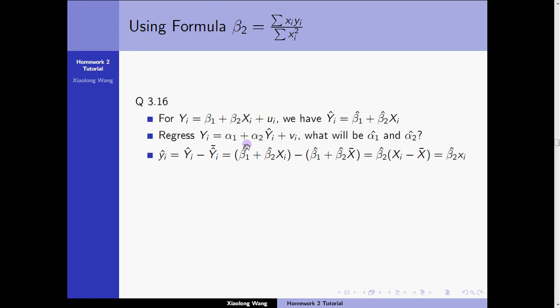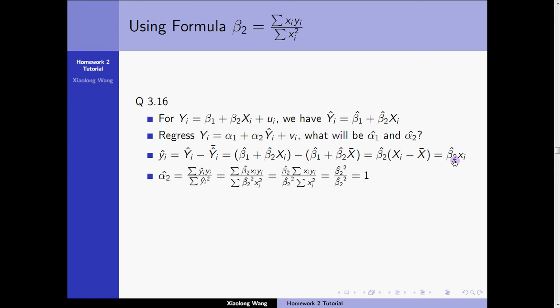If we cancel out the beta 1 hats, we get little yi hat equals beta 2 hat times the difference between xi and x bar, and then it equals beta 2 hat times little xi.